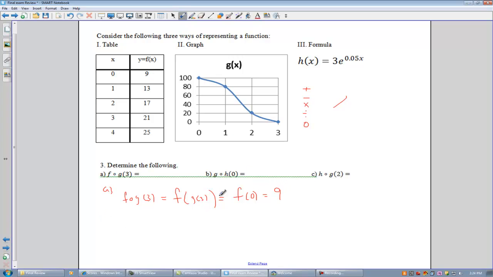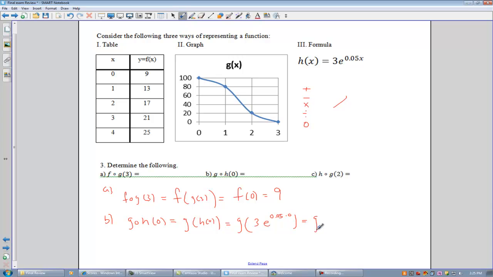I can do the same thing with part B, right here. I have g composed with h evaluated at 0, which is equal to g of h of 0, which is equal to g of, so I plug 0 in for x, 3e to the 0.05 times 0.